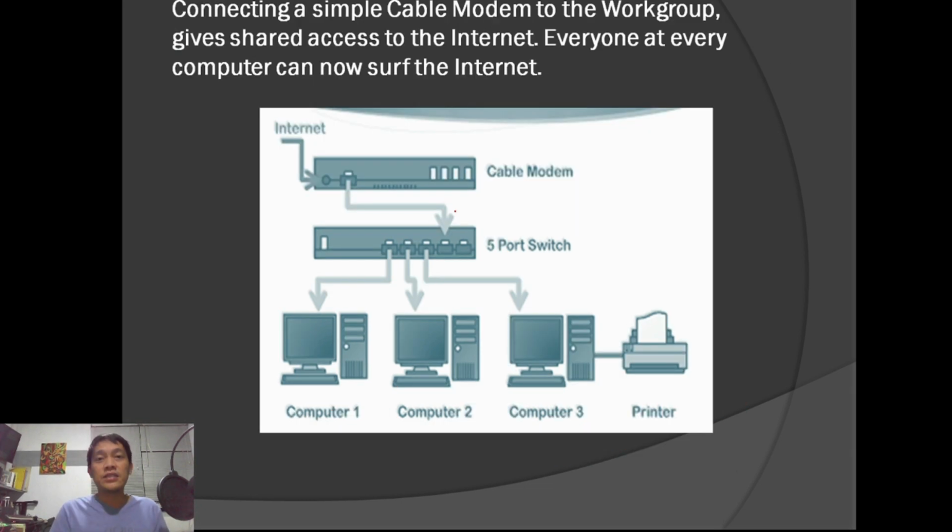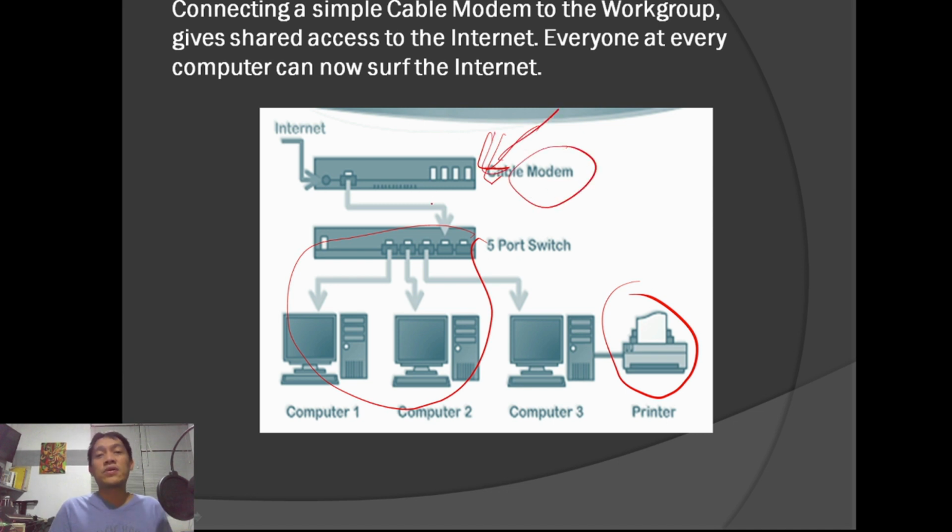So, connecting a simple cable modem to the workgroup. So, you have the network, you have a shared printer or resource. So, if you want to have internet, so you have the telecom modem or router. So, this is connected to the internet, connect it to your switch, you have your internet connectivity. Okay?